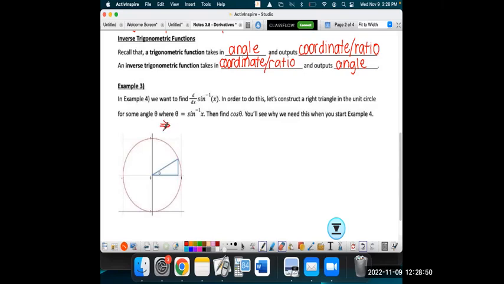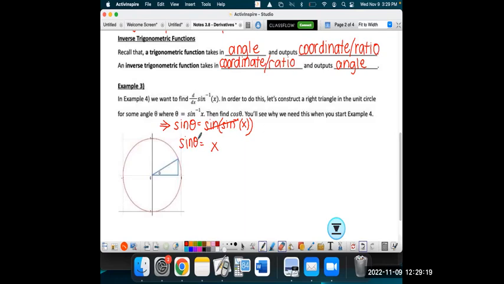Because I know the ratios of a right triangle are like, for sine, it's opposite over hypotenuse. So if I take sine of both sides, sine and sine inverse cancel, and I'm left with x equals sine of theta.